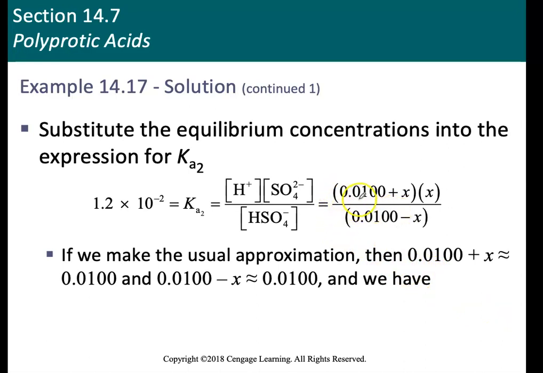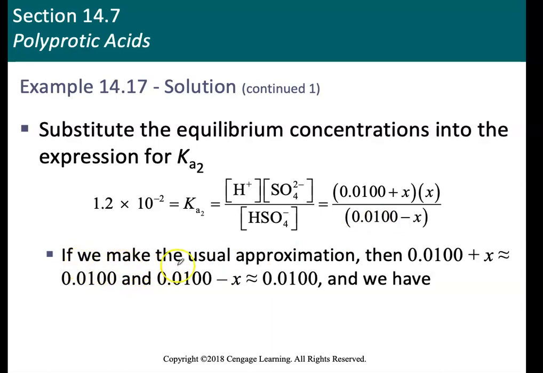You will get this concentration of H+ is this, concentration of SO4 2- is x, and concentration of HSO4- is 0.01 minus x. Okay, now can we use approximation? We can try.